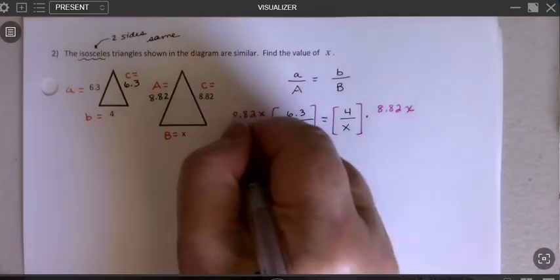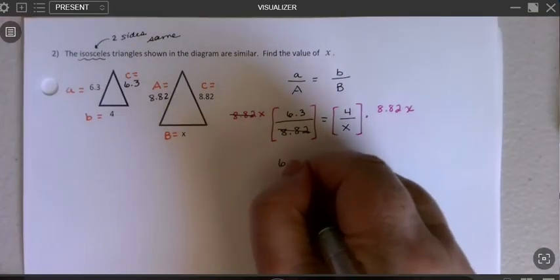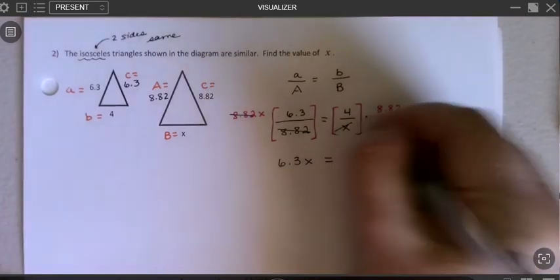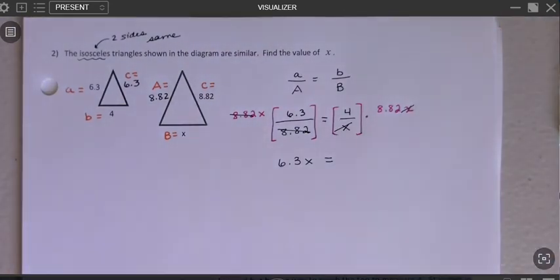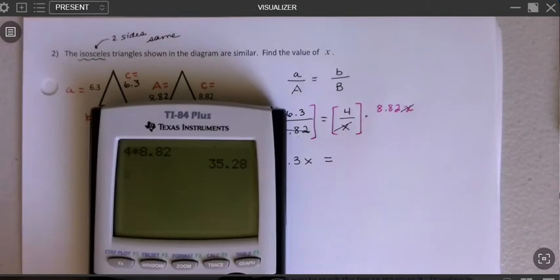And on the left side, I can divide out the 8.82's. So 6.3x. On the right side, I can divide out the x's. So I've got 4 times 8.82, which is 35.28.